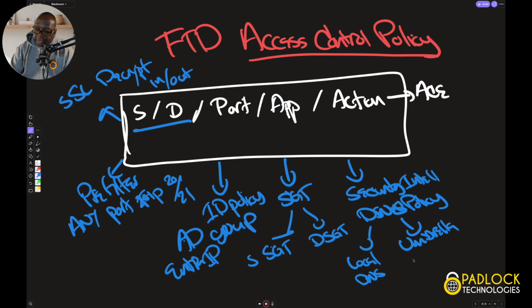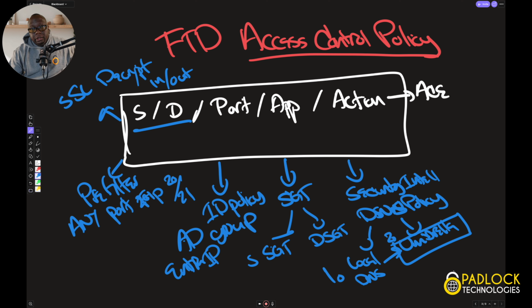Then you can take your Umbrella DNS policy and say, okay, the first thing it's going to hit is the local DNS policy. If it passes the local DNS policy, I'm going to use the Umbrella policy second, just as a second check. But if it blocks it here, then I'm going to block it based on the Umbrella policy.